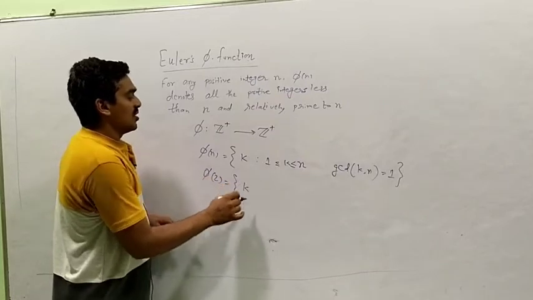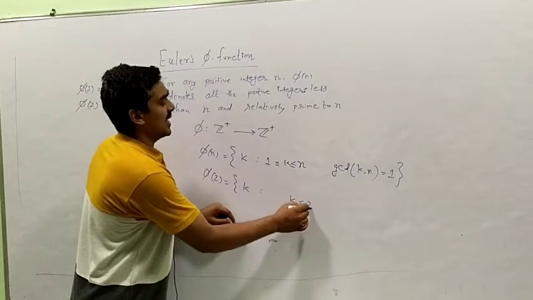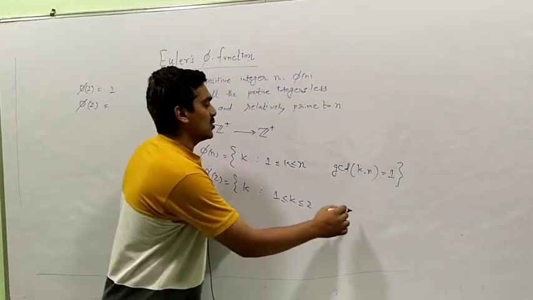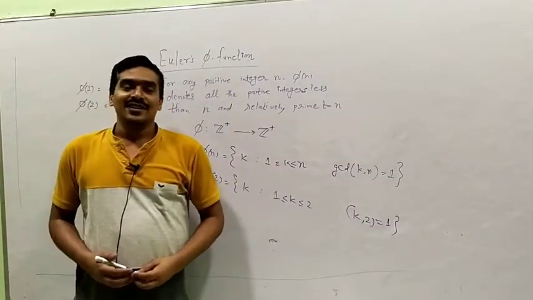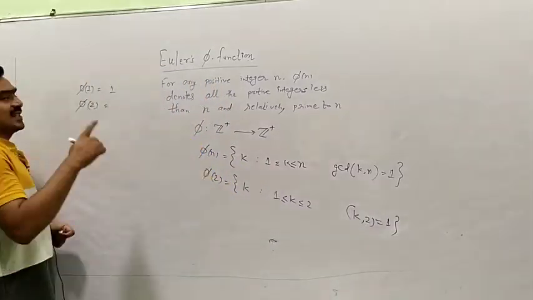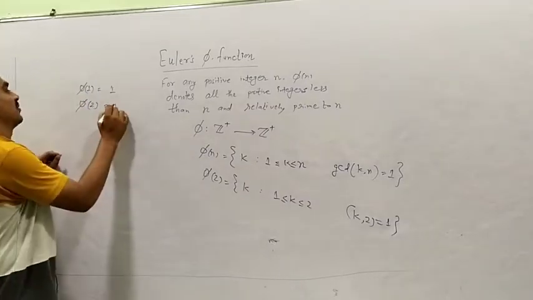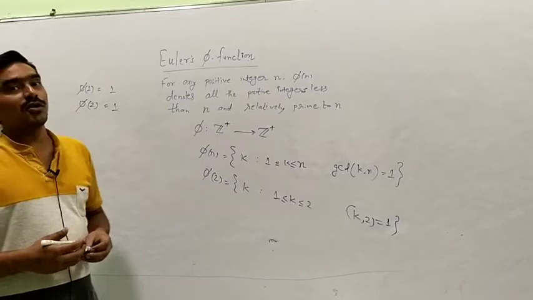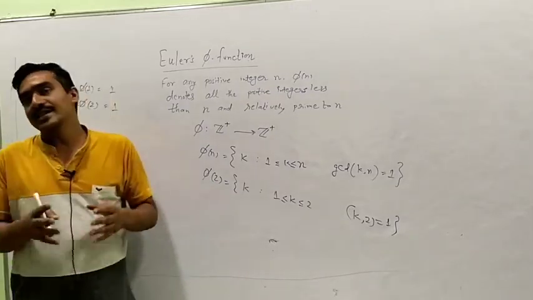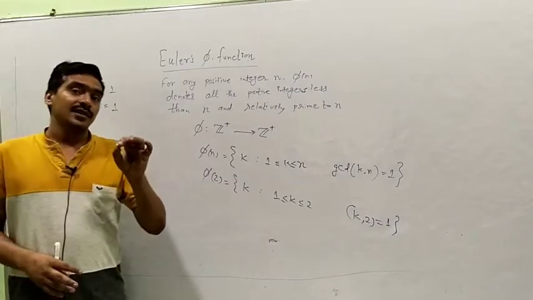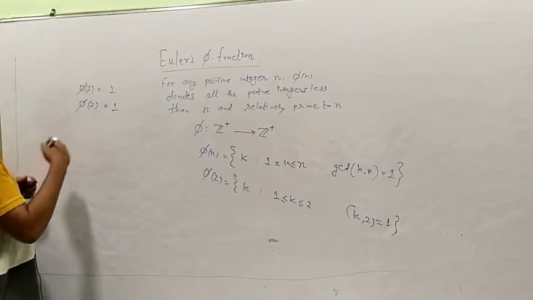It contains those positive integers which are less than or equal to 2 and whose GCD with 2 is 1. We have only one choice, only the number 1. Why only 1? Because 1 is the only integer which is less than 2 and relatively prime to 2.